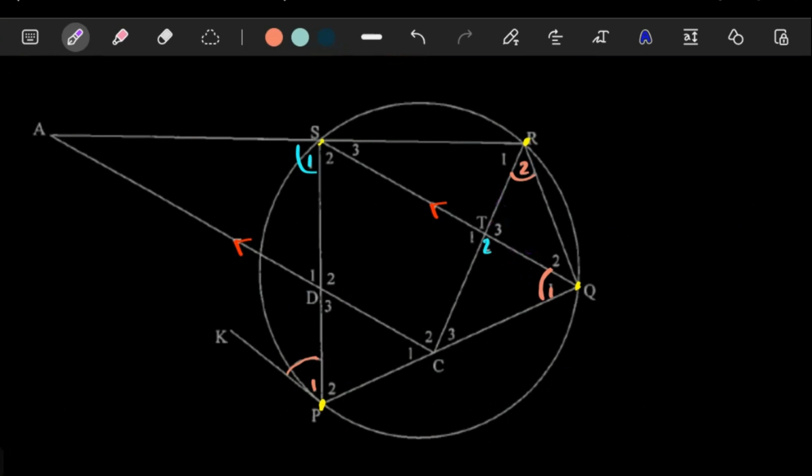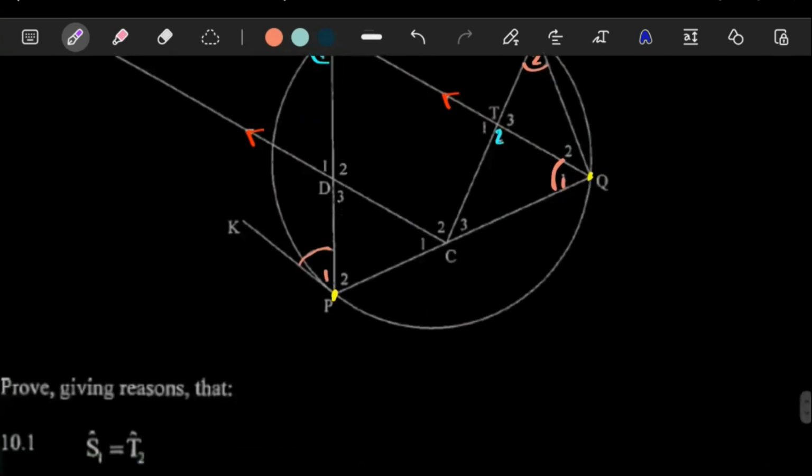So if push does come to shove, the one thing that you definitely do want to do in situations like this is write out what you can, write out what you see.